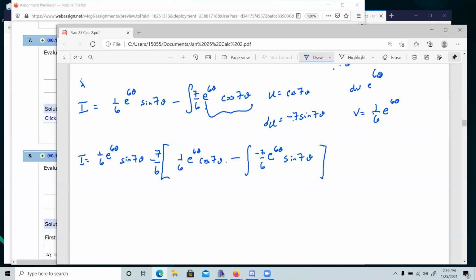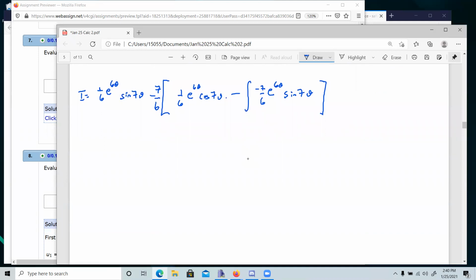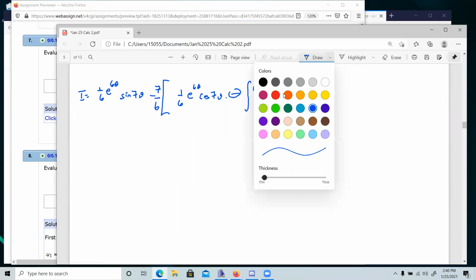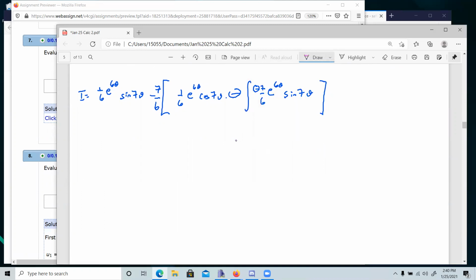Now I'm going to distribute this through to see what's going on here. First things first, let's deal with this guy, and it's going to turn that into a plus. Now we're going to go ahead and distribute this negative sign.